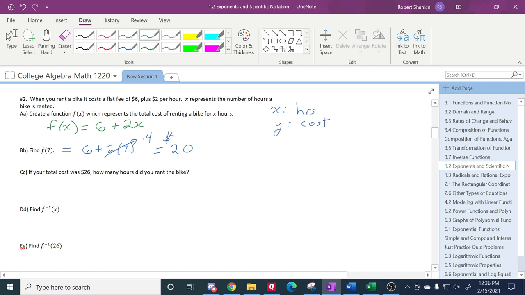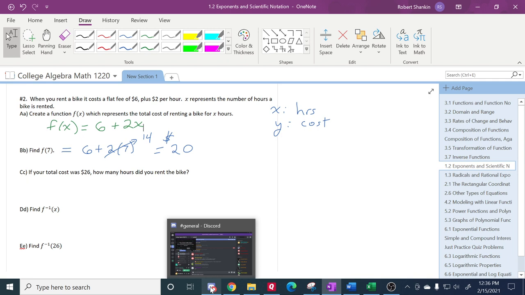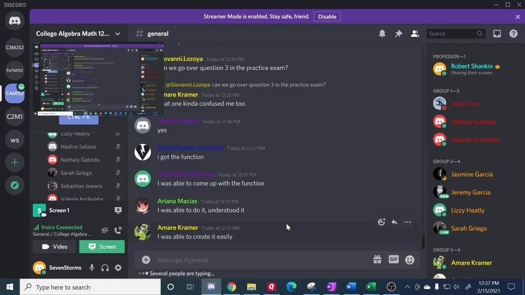Alright, give me a little feedback on A and B. Particularly, I'm interested, were you able to come up with the function f of x? Because I'm not sure where everybody's at. We haven't really practiced that kind of thing.